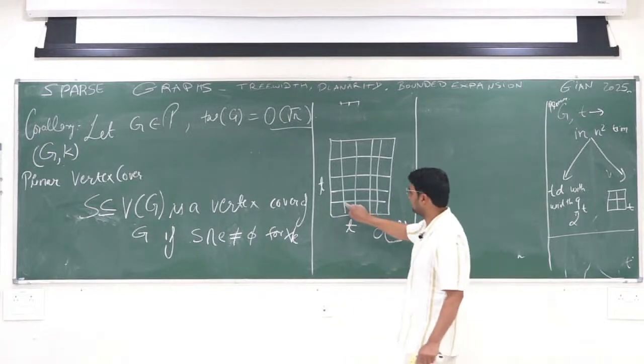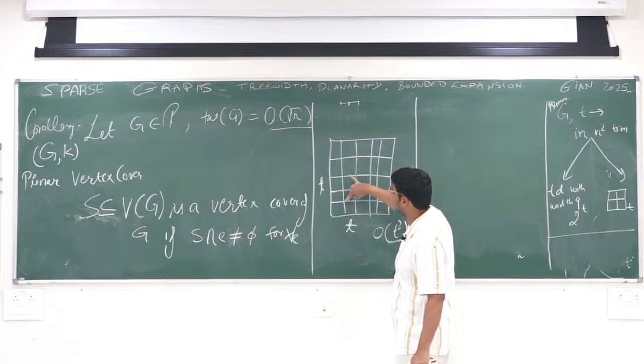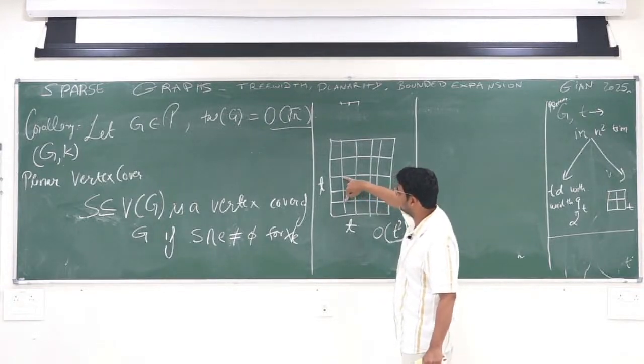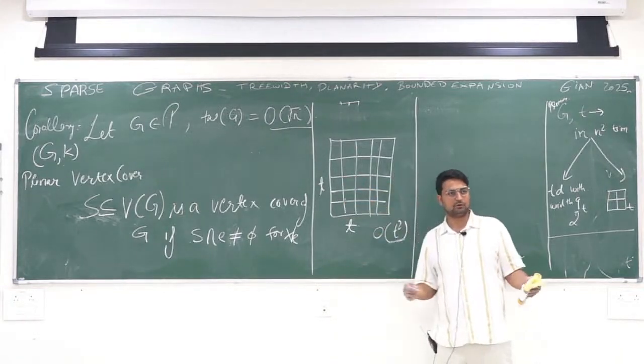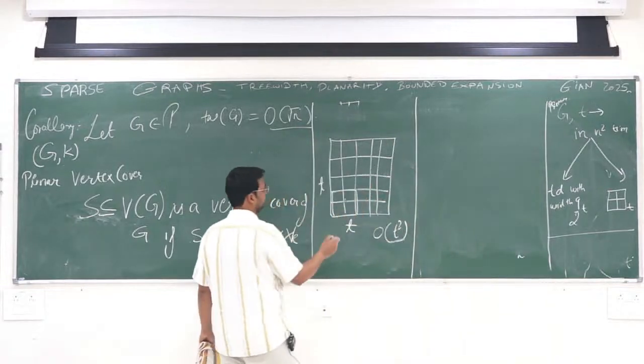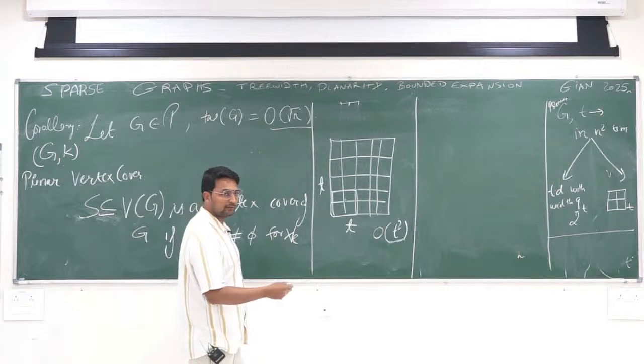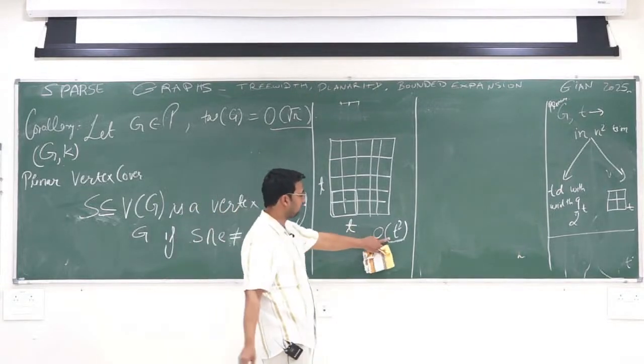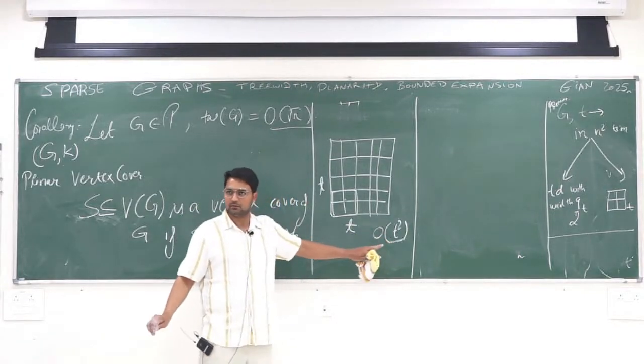So for example, you need these kind of vertices. This and this. So in every such block, you need a vertex. And hence you need many vertices, which are order T square many vertices.